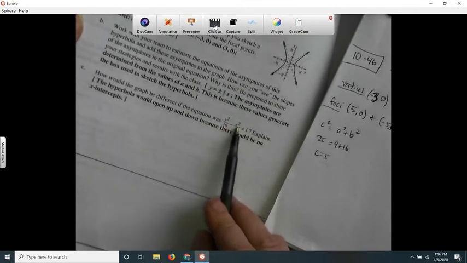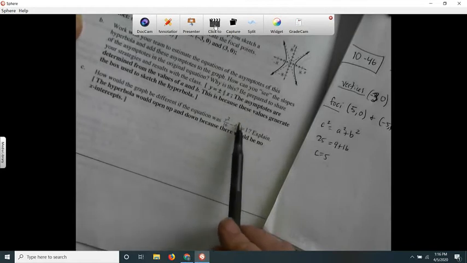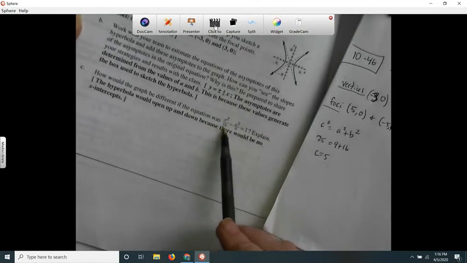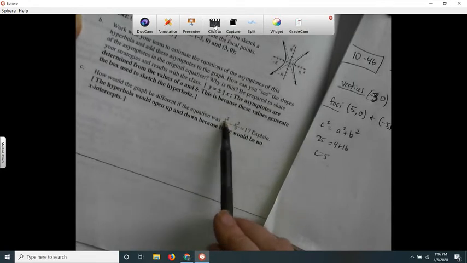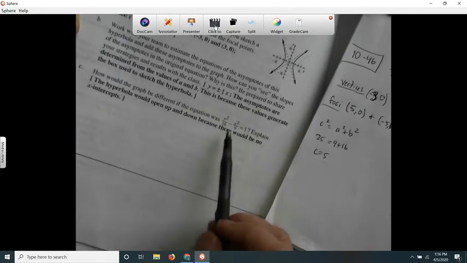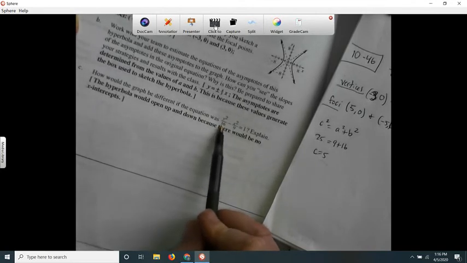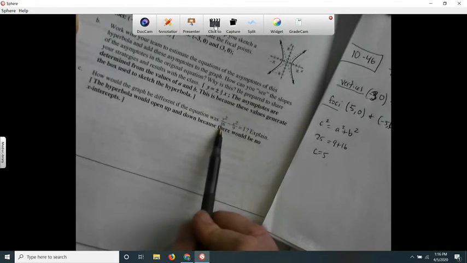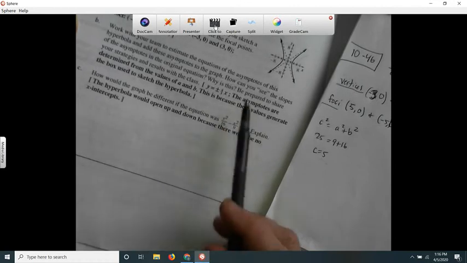How would the graph be different if it was y squared over 16 minus x squared over 9? So whichever one is the positive one, like this minus sign is making this part negative, but this part's the positive part of the hyperbola, so this part is the one that's going to actually have the foci and the vertices on its axis, if that makes any sense.